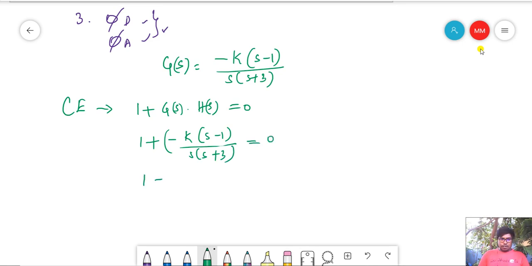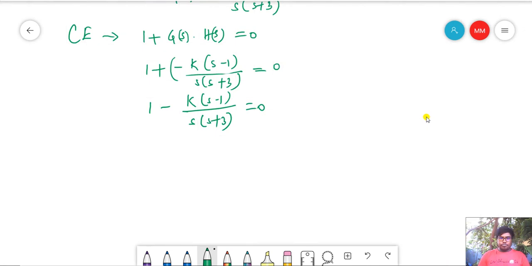Now expand this one. s into s plus 3 minus k into s minus 1 is equal to 0.